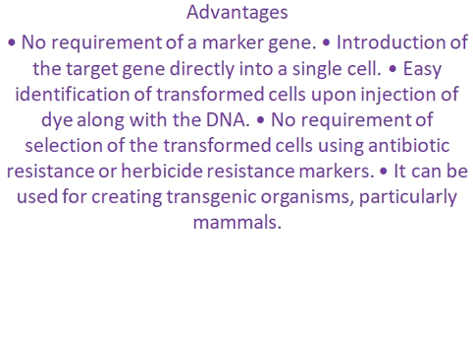Next, it introduces the target gene directly into a single cell, so it is easy to identify the transformed cells. But during micro injection, less than 25% of the cells only live.